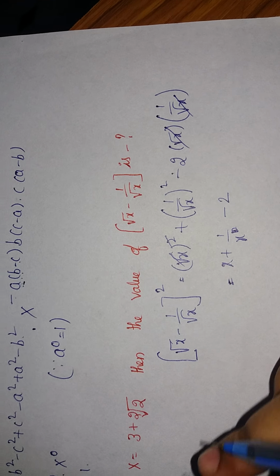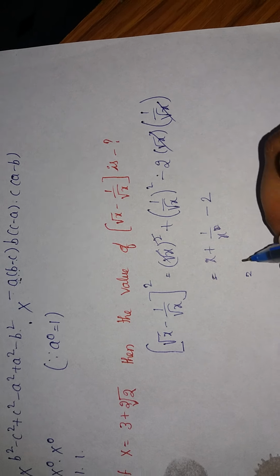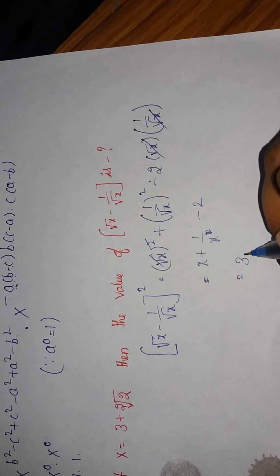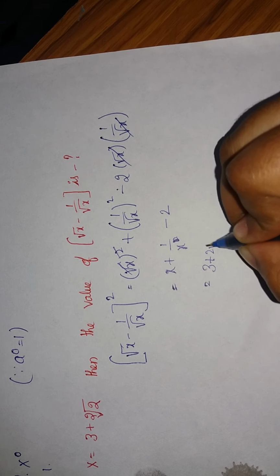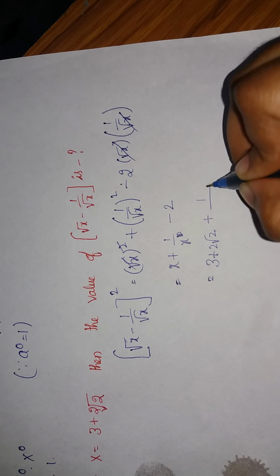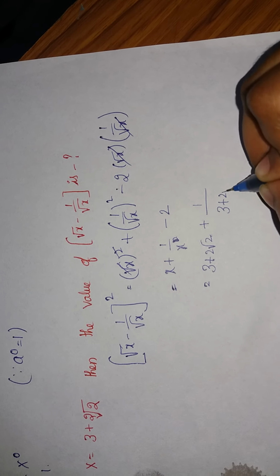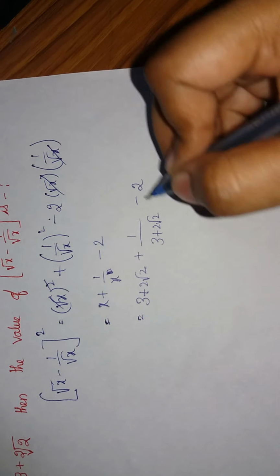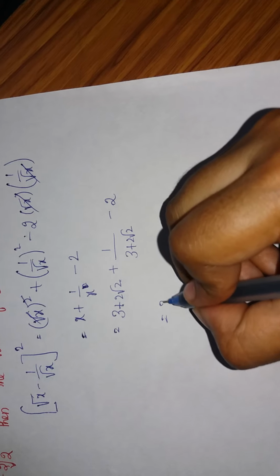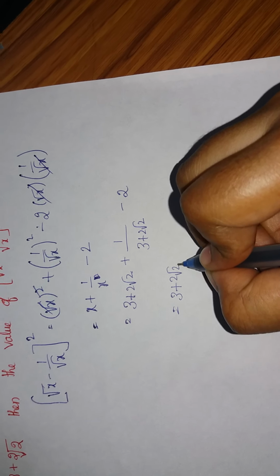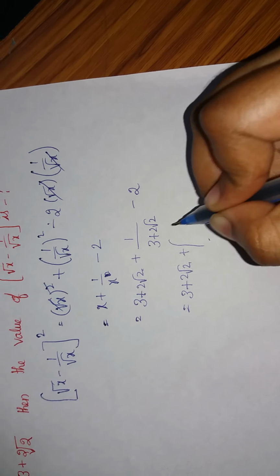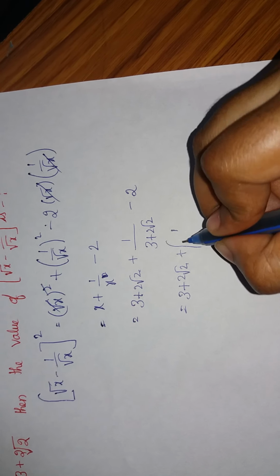So here given that x is equal to 3 plus 2 root 2. So 3 plus 2 root 2 plus 1 by 3 plus 2 root 2, minus 2. So 3 plus 2 root 2 plus, here we have to rationalize this factor.